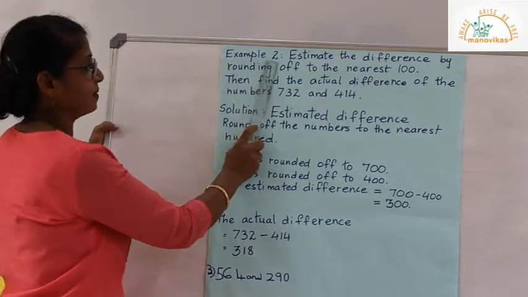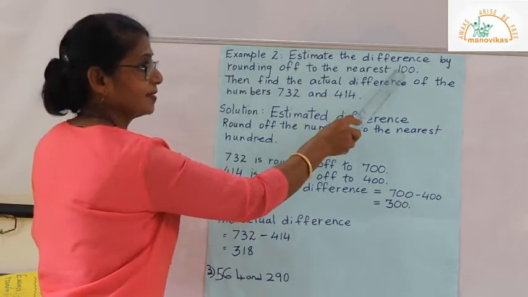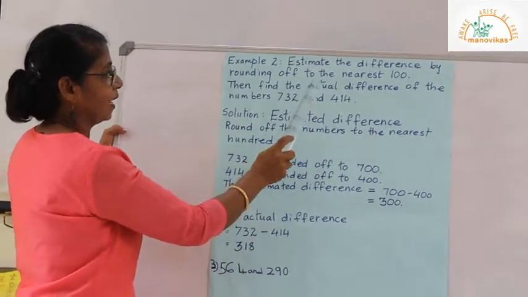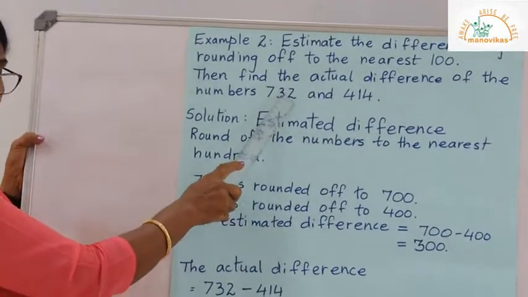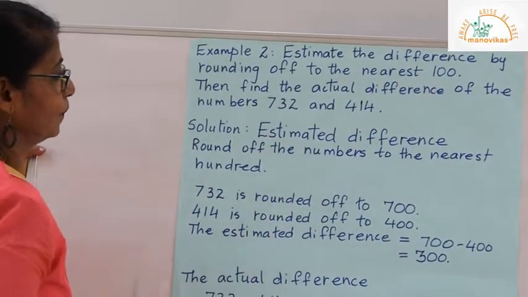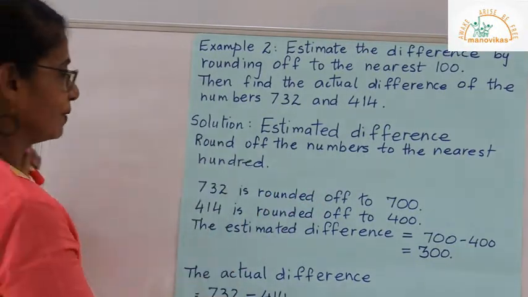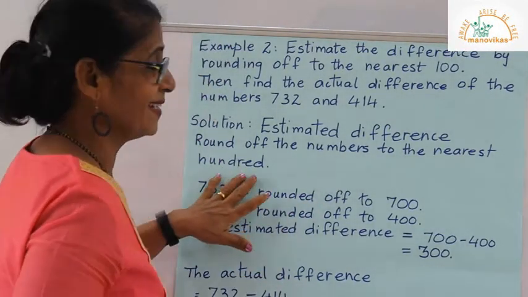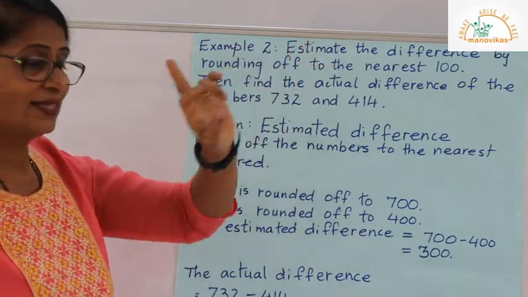Let's take the second example. Estimate the difference by rounding off to the nearest 100. Then find out the actual difference of the numbers 732 and 414. The estimated difference is you round off the numbers to the nearest 100. Previously we rounded off to nearest 10.